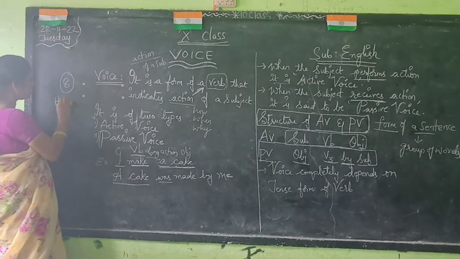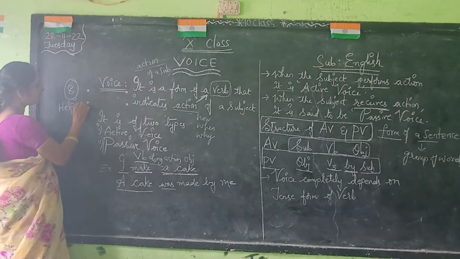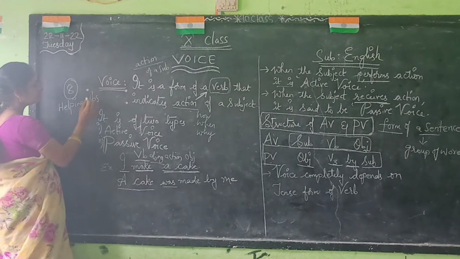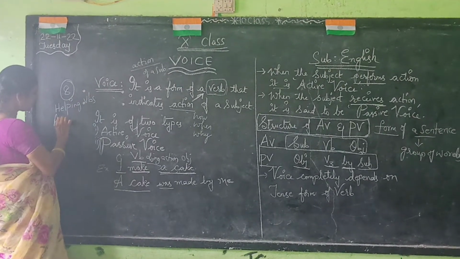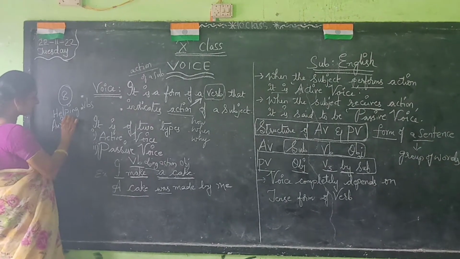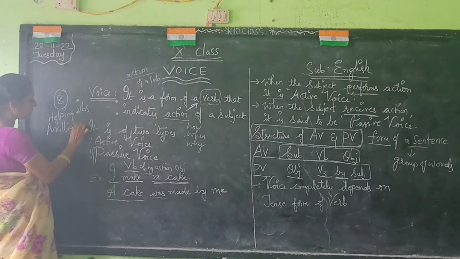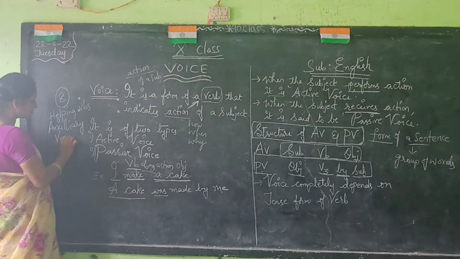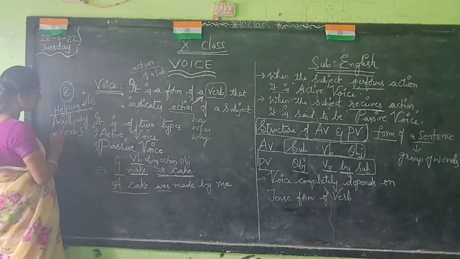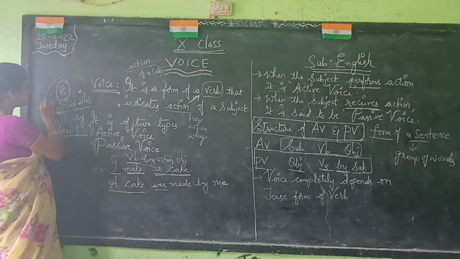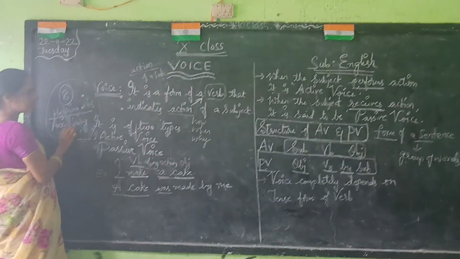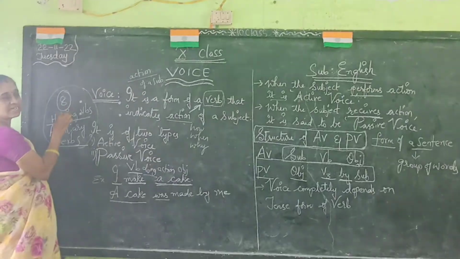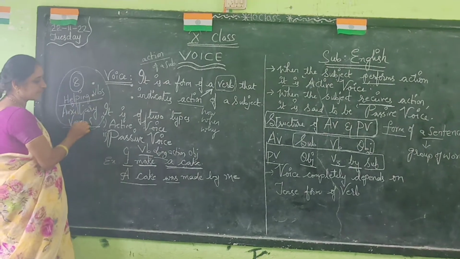The other name for helping verbs, do you know? Auxiliary verbs. Helping verbs are also called auxiliary verbs. In English we have how many auxiliary verbs or helping verbs? 8.